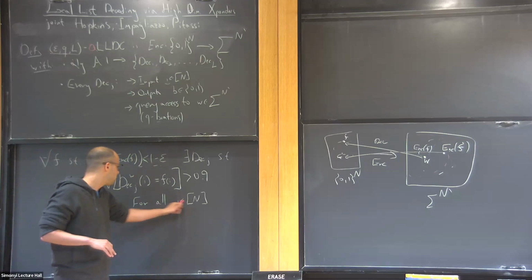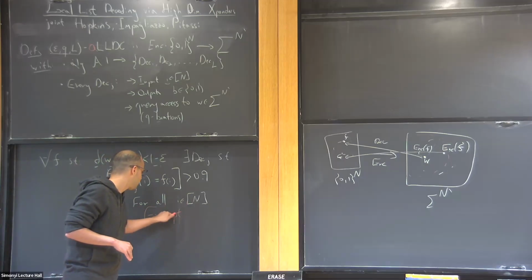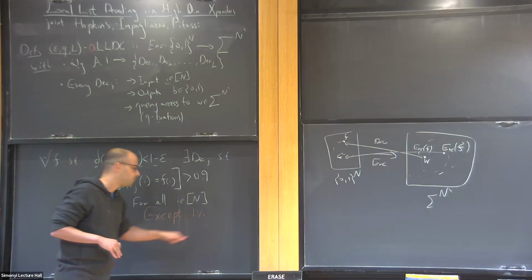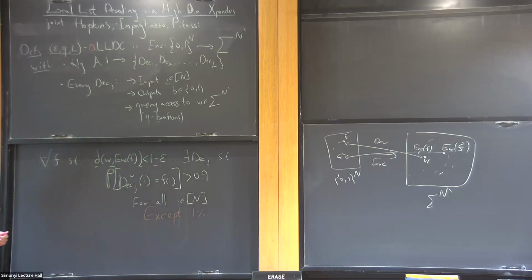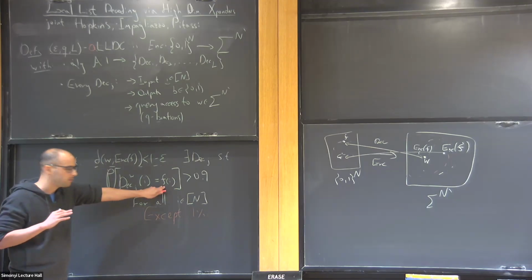So I should write here for all I except some small set of, say, 1%. Okay, so for 1% of the I's, I might answer different than F all the time. I might answer just randomly, I don't know. But except for some small bad set of indices, I am basically supposed to decode back to F.